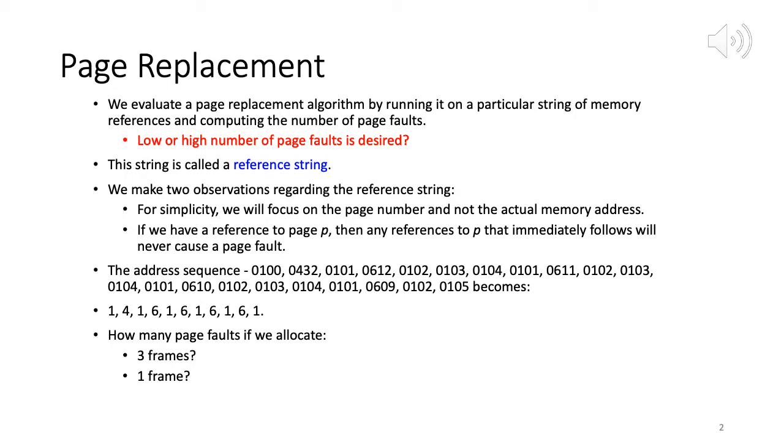Now if the immediately next reference is also to page 1, obviously that will not generate a page fault because page 1 is already available. Okay. So these two optimizations we do. So the address sequence given there becomes 1, 4, 1, 6, 1, 6, 1.